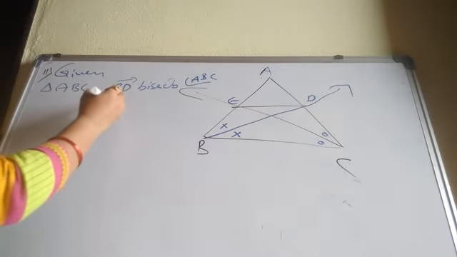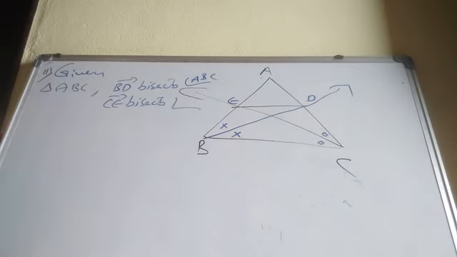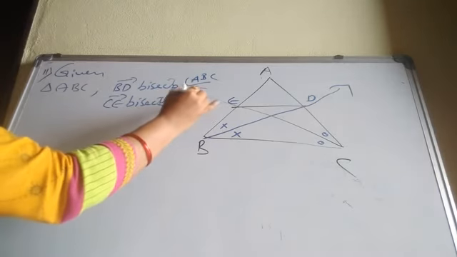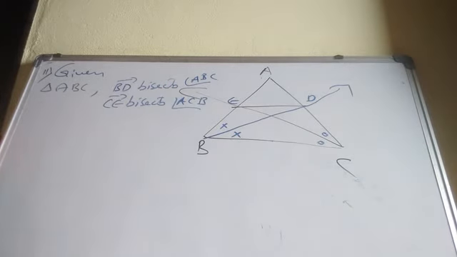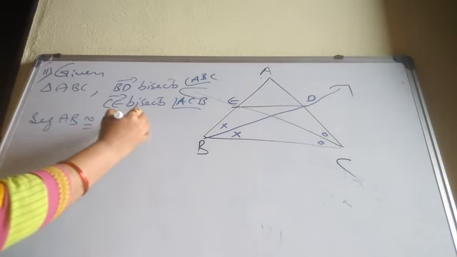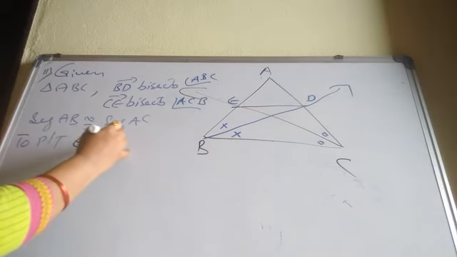Still, what is given? Ray CE bisects angle ACB. Still, what is given? Segment AB is congruent to segment AC. To prove what? ED is parallel to BC.